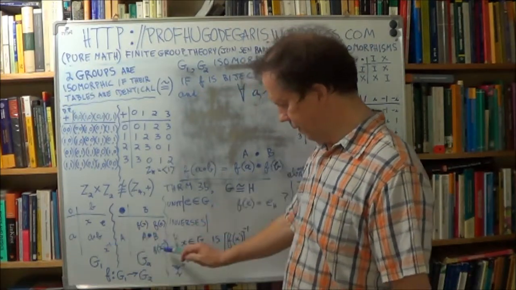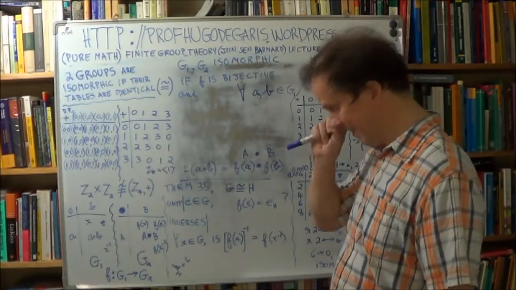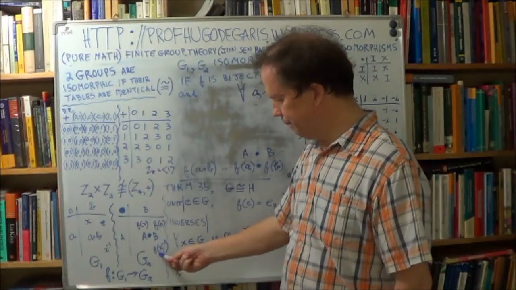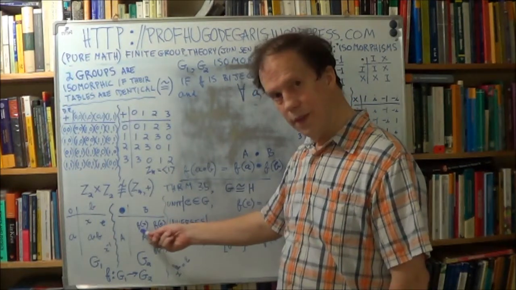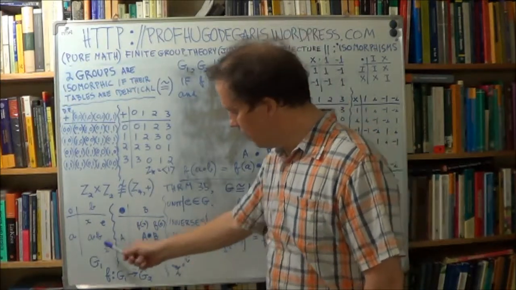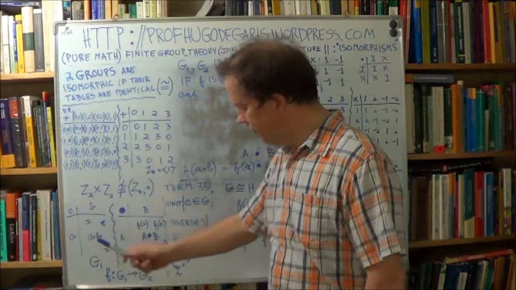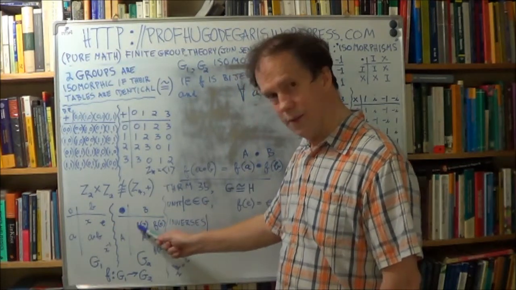Okay. Now, similar question to the unit. This here, is it the inverse of that one? Right? Now, that is the inverse of that. Question, is this one the inverse of this?